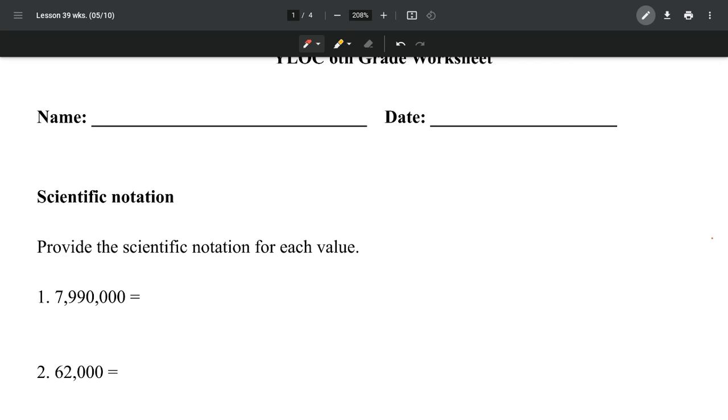Oftentimes scientists have to deal with numbers that are too large or too small, so they want them conveniently written in decimal form. We're going to have it in the form of a number, then a decimal point and then decimals, times a base of 10 to a power.